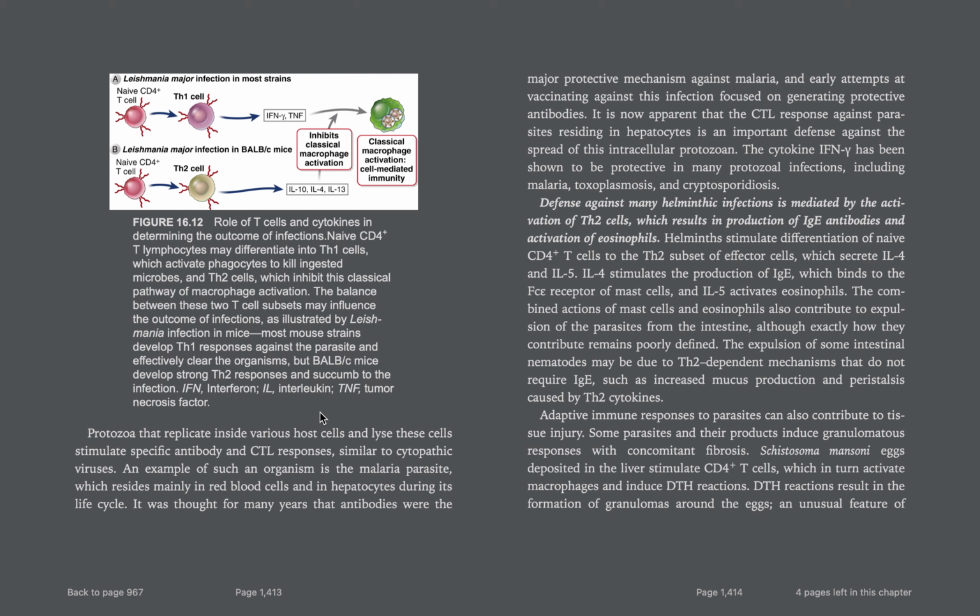It was thought for many years that antibodies were the major protective mechanism against malaria, and early attempts at vaccinating against this infection focused on generating protective antibodies. It is now apparent that the cytotoxic T cell response against parasites residing in the hepatocyte is an important defense mechanism against the spread of intracellular protozoa.